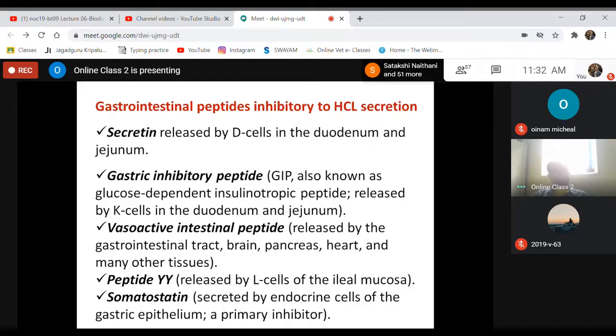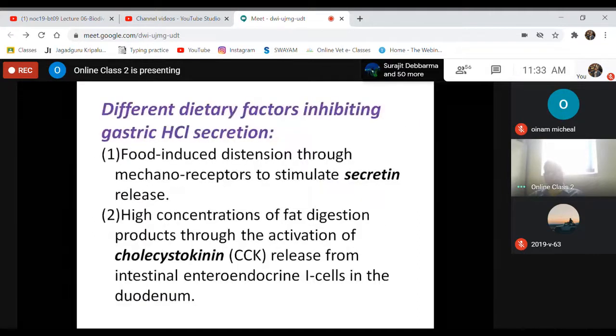So we should know these, since hydrochloric acid is related with the activation of the zymogens and thereby digestion of the dietary protein in the stomach of non-ruminant animals. And the dietary factors I already told you. When the feed particle size is large, or when there is more feed intake, there will be more distension of the stomach, and it will stimulate secretion of secretin, which in turn will inhibit the secretion of hydrochloric acid.